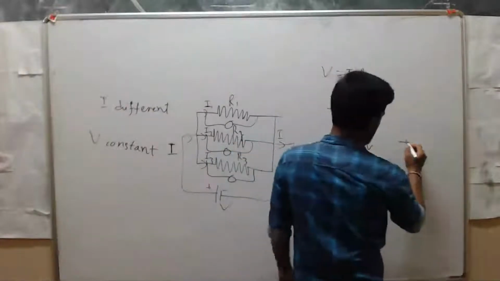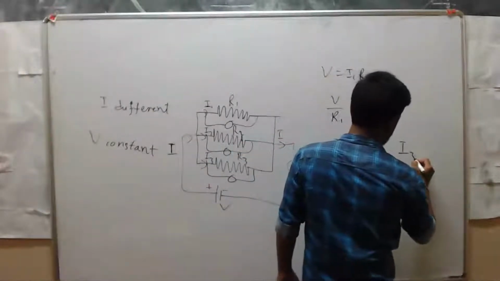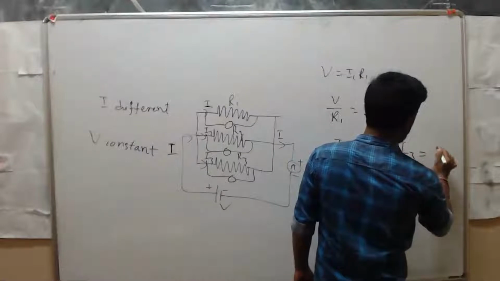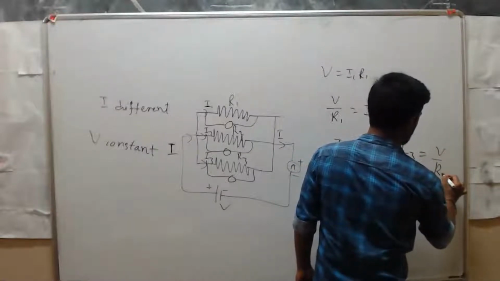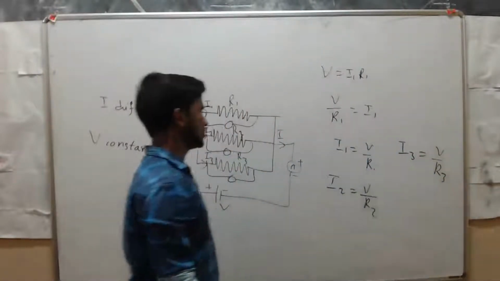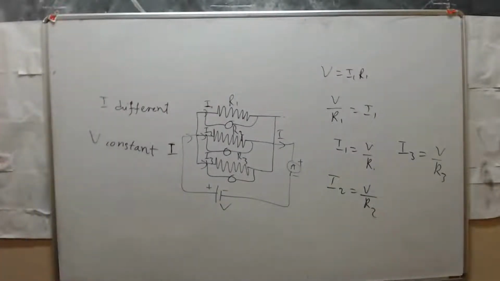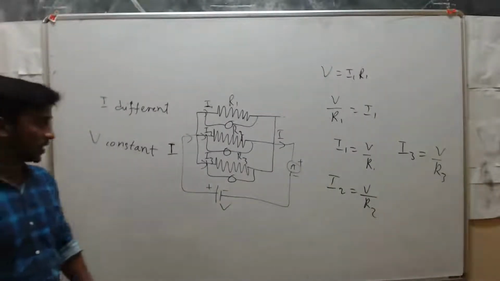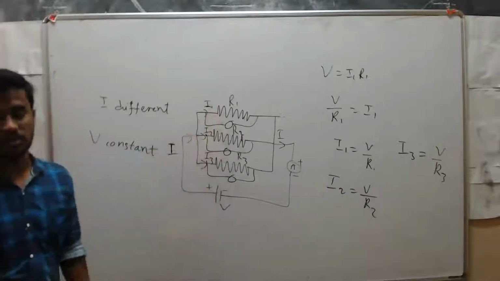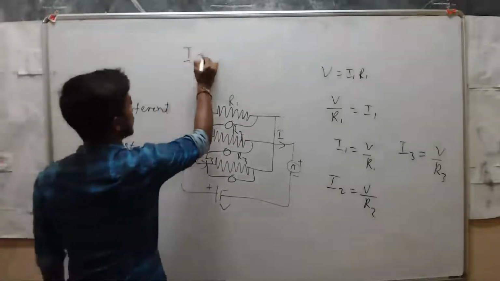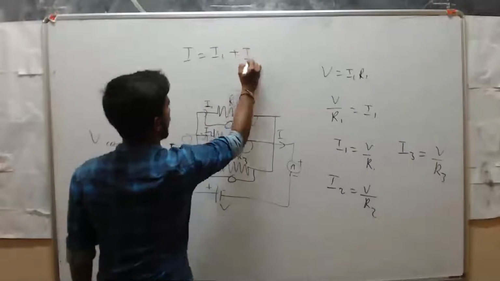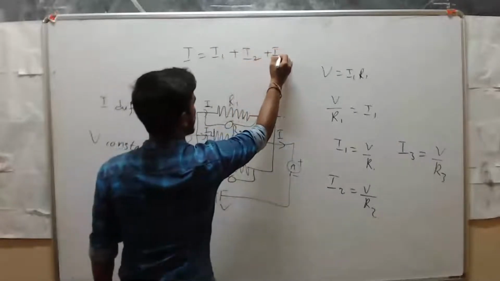For current I3, I3 is equal to V by R3. Here also, the total current in the circuit is equal to the sum of the currents across the individual resistances, that is, I is equal to I1 plus I2 plus I3.